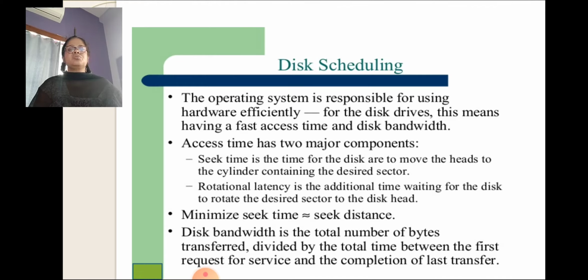Access time has two major components. Seek time is the time for the disk to move the heads to the cylinder containing the desired sector. Rotational latency is the additional time waiting for the disk to rotate the desired sector to the disk head. Minimizing seek time equals minimizing seek distance.